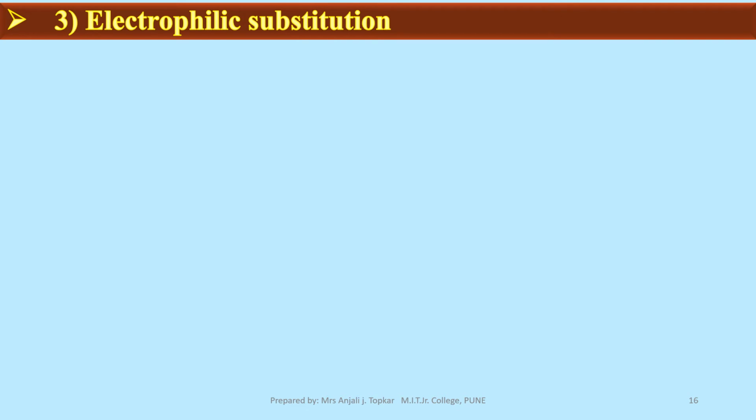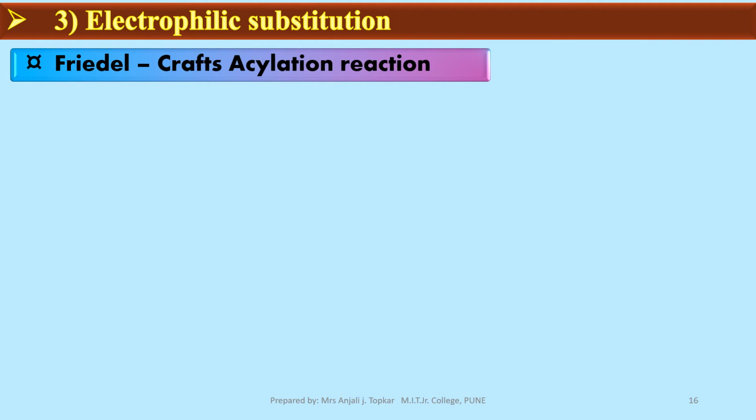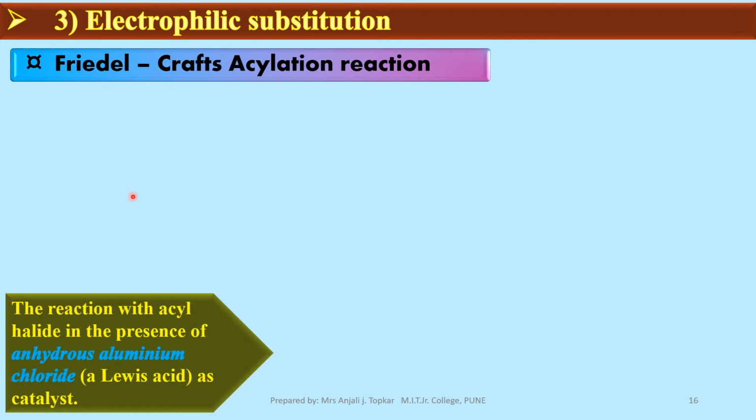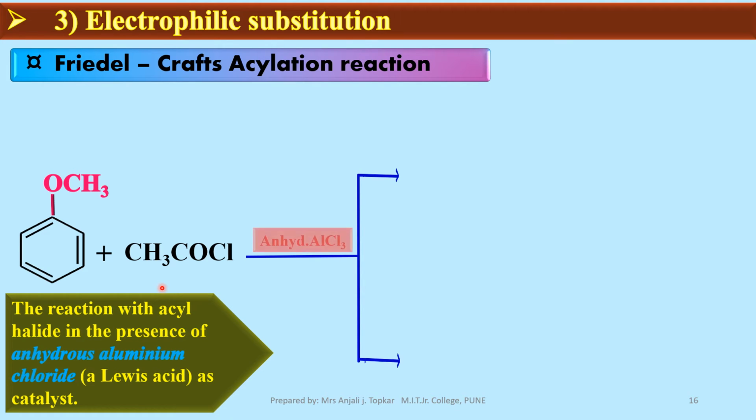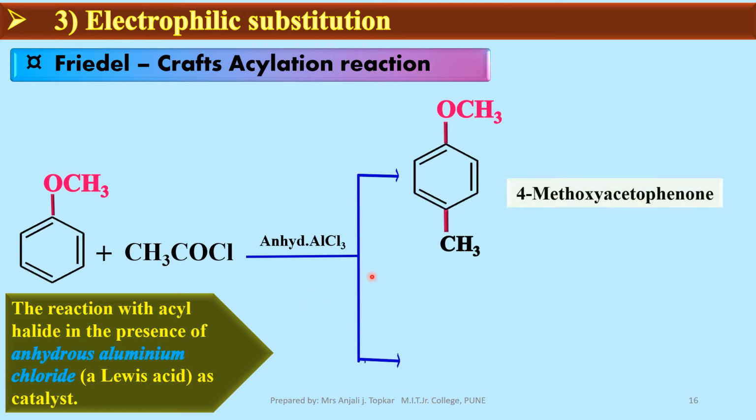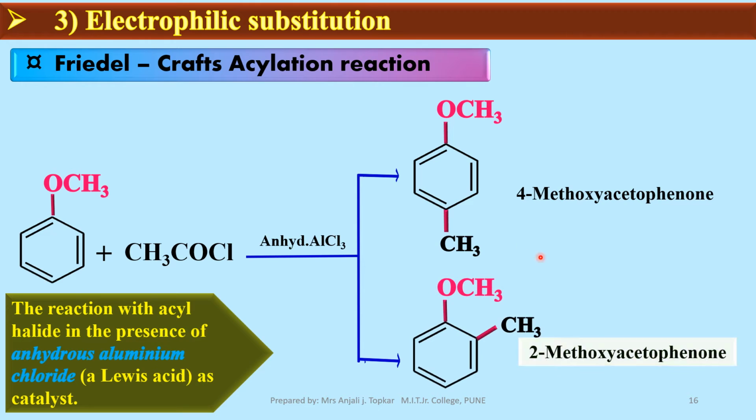Now we are going to see Friedel-Crafts acylation reaction. The reaction with acyl halide in the presence of anhydrous aluminum chloride, a Lewis acid, as catalyst. This is anisole. When it is treated with acyl halide in the presence of anhydrous AlCl3, it forms 4-methoxyacetophenone and 2-methoxyacetophenone.